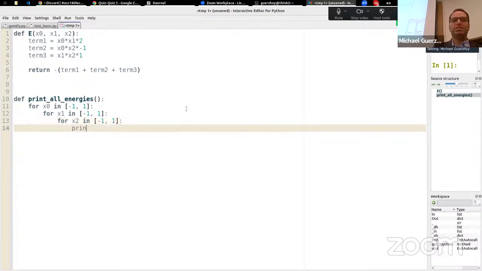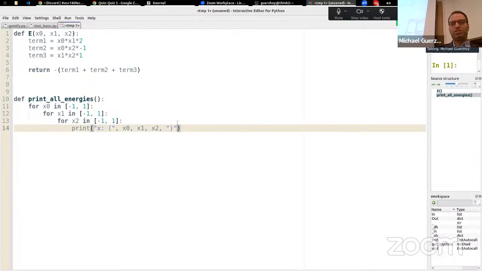So we can print x0, x1, x2. And we can also print the energy that corresponds to them. So let me make it nice. I'll say x is like this. Then I'll close the parentheses.